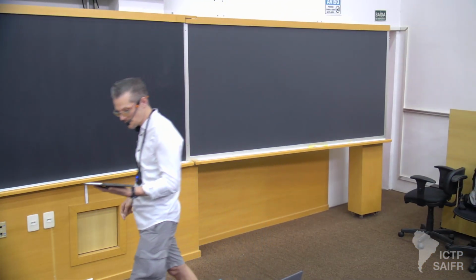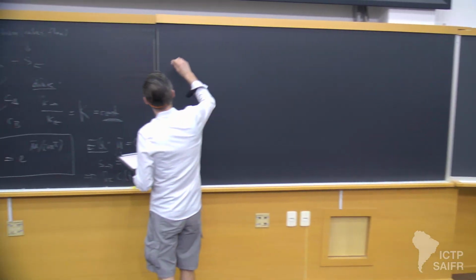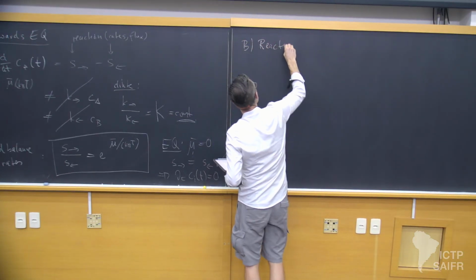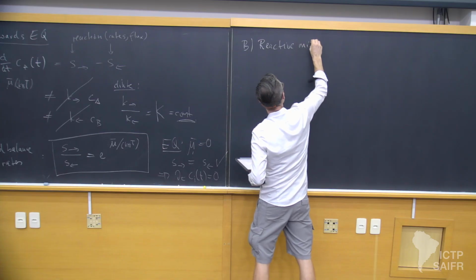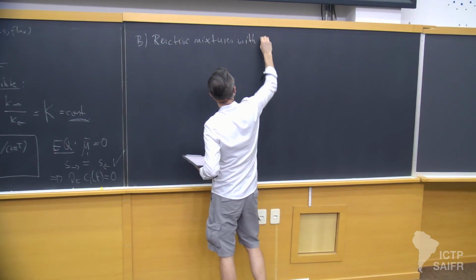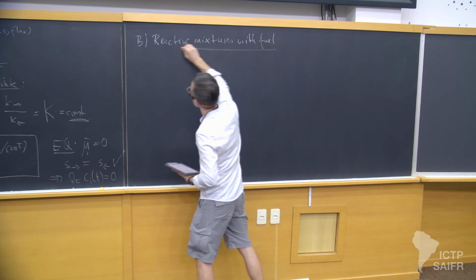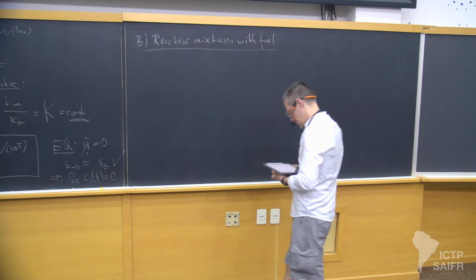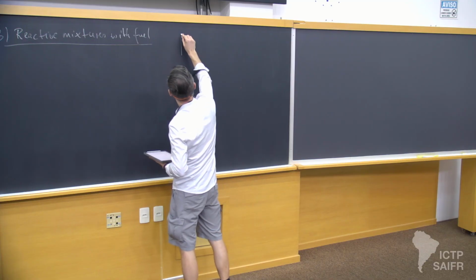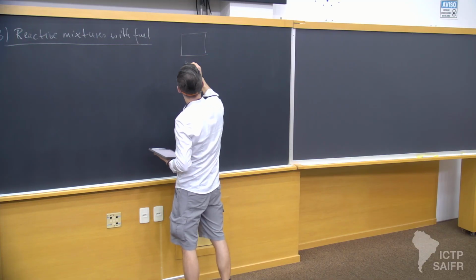Let's talk about when you maintain them away from equilibrium. Good. So how do we do this now? As I said, when you maintain a system out of equilibrium, you always have an open system.